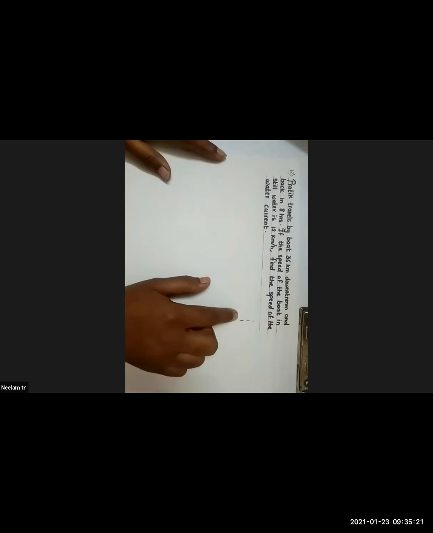All those we have solved. Only we are left with boats, train, and work. So we'll see the 3 sums.